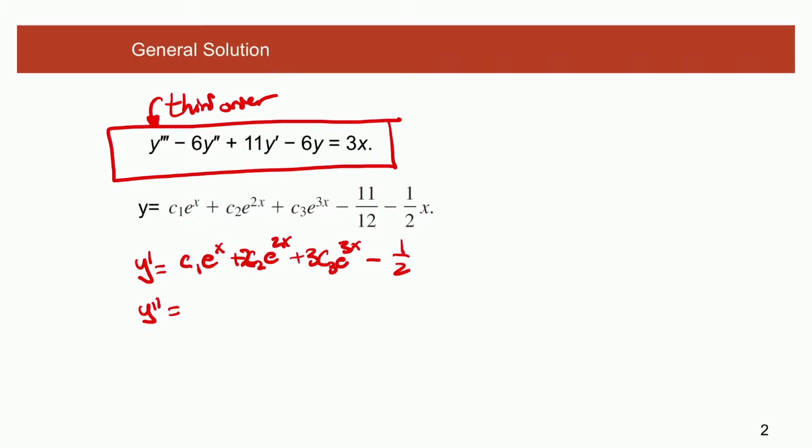And then the second derivative is just c1 e to the x plus 4c2 e to the 2x plus 9c3 e to the 3x.